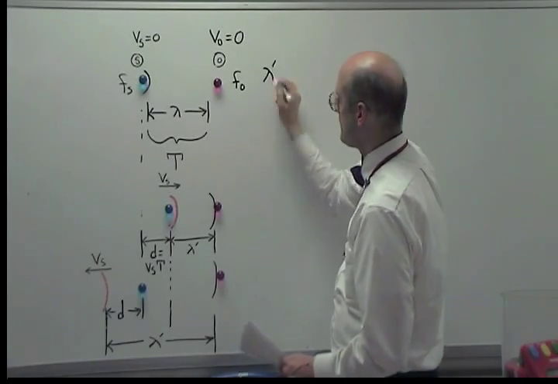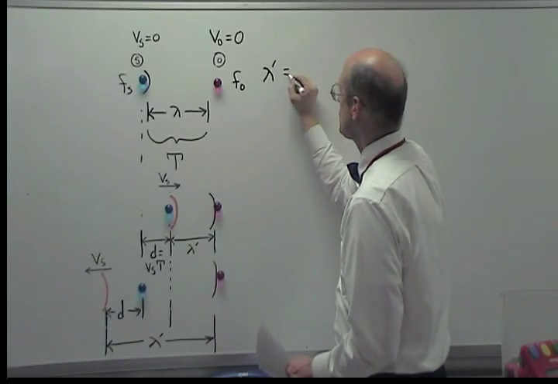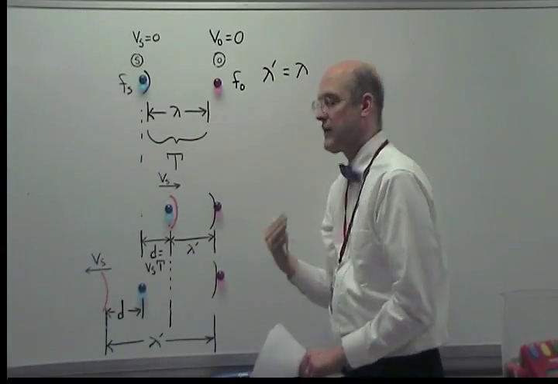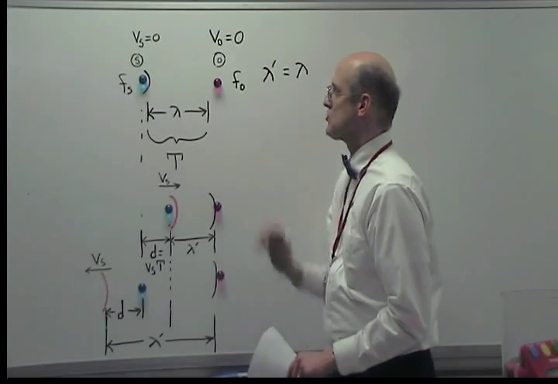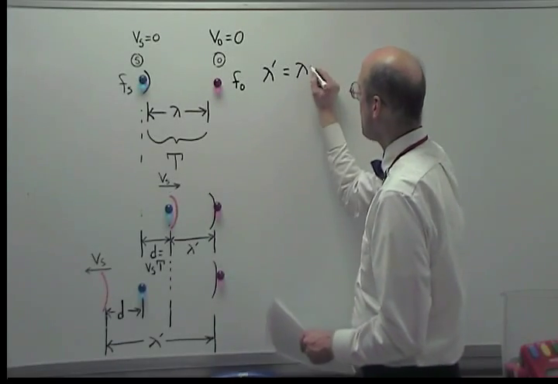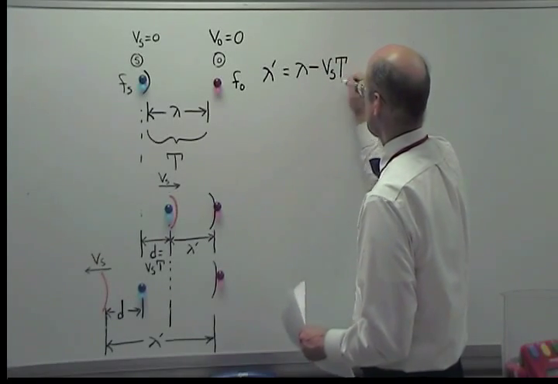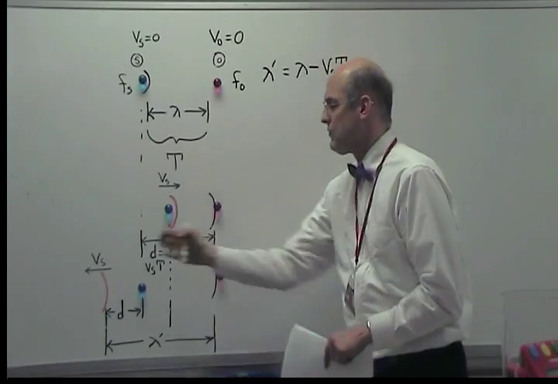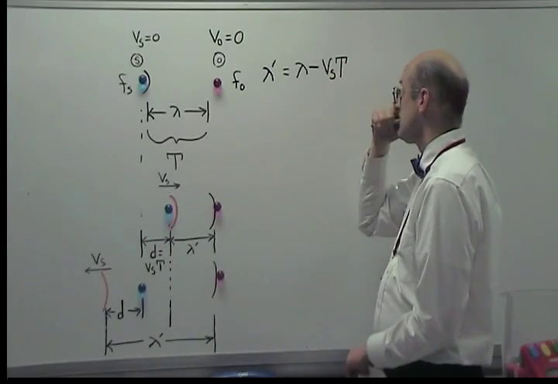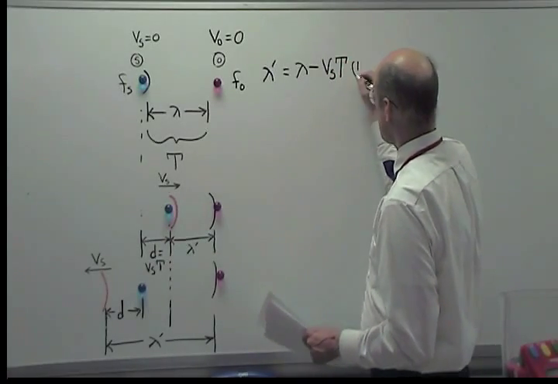The new wavelength should be equal to the original wavelength when there was no relative motion between the source and the observer, minus the speed of the source multiplied by the period. This is the distance traveled by the source in a time tau. And I'm going to call this equation 1.